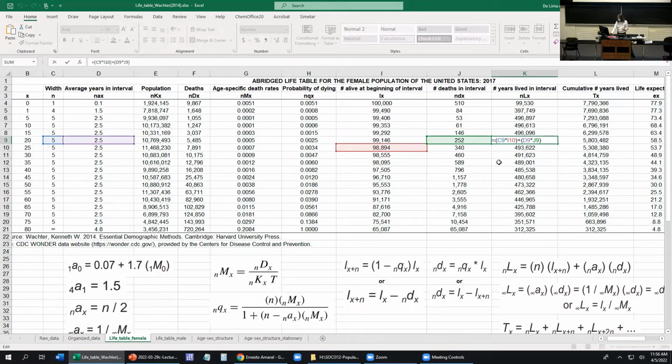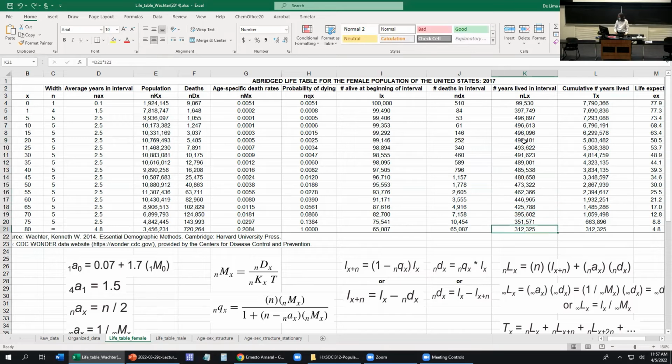So that's the N, C9, multiplied by those that survived to the next age group. Plus, for those who died, the DXN is the J9. Those who died, how many years on average did they live? We have this assumption that people in that age group who died have the same chance of dying within that age group, 2.5 years. And that's the number here, okay?